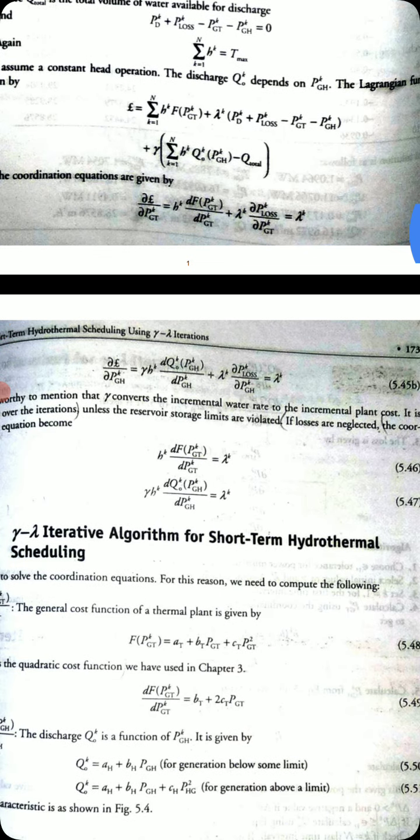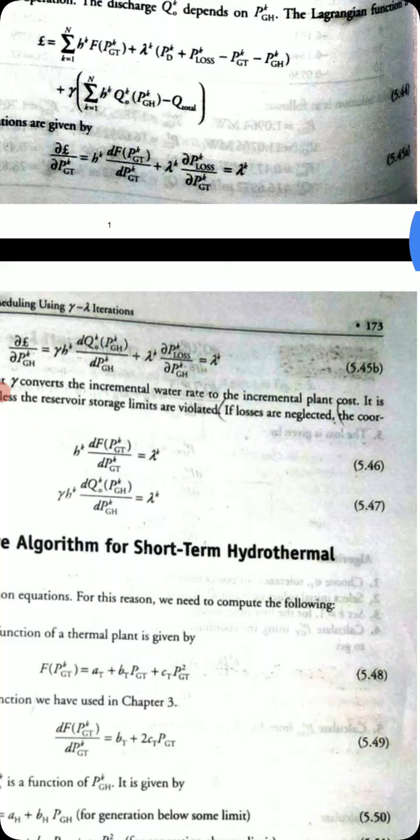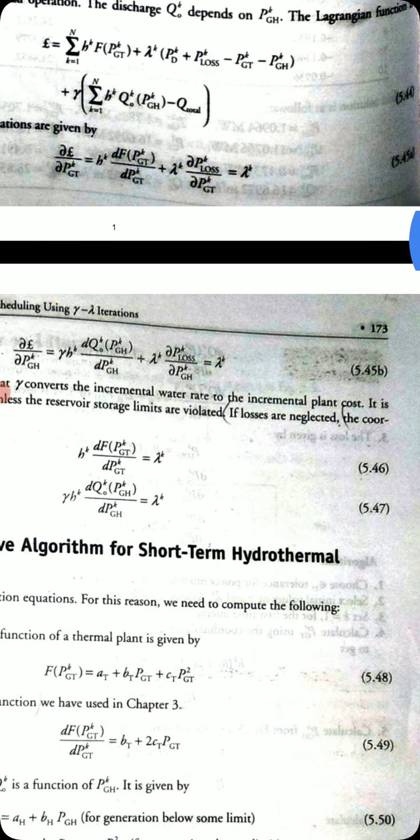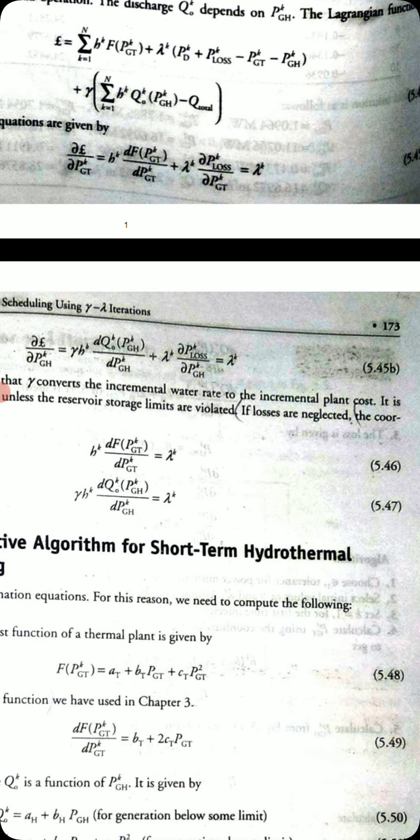The third term gives gamma into h_k into dq_0k of P_GHk by dP_GH. The derivative of P_GH is 1, and there is dP_loss by dP_GH, minus 1 into lambda_k, which moves to the right-hand side as lambda_k. So we got two coordination equations, written as equations 5.46 and 5.47. Both are equal to lambda_k.